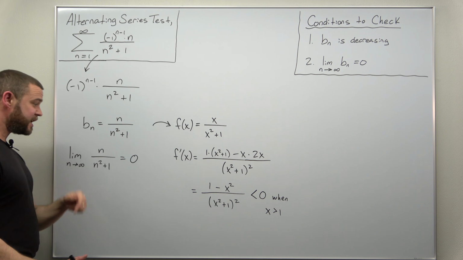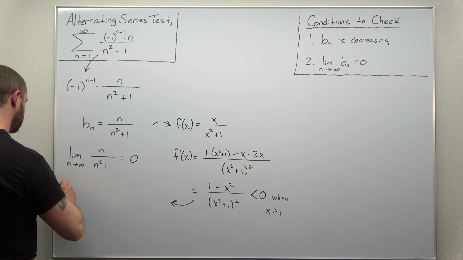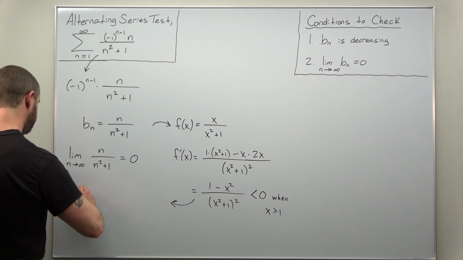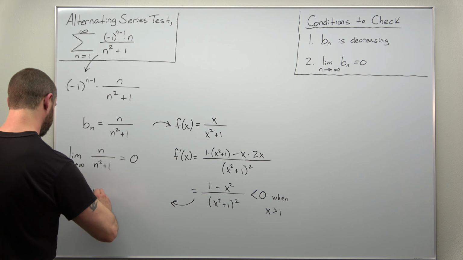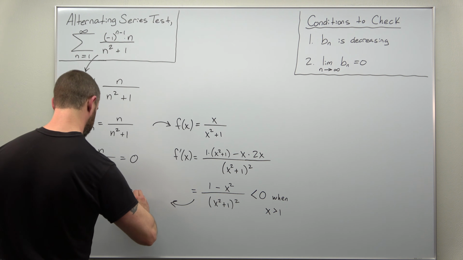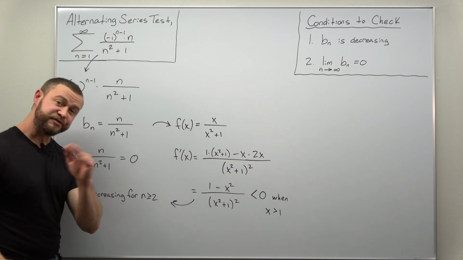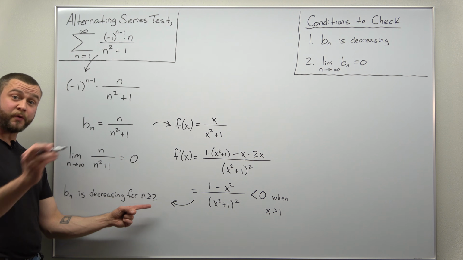So what we can say from this calculation is that b sub n is decreasing eventually, for a certain value of n here, which is 2 and beyond.